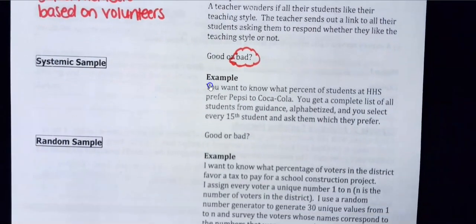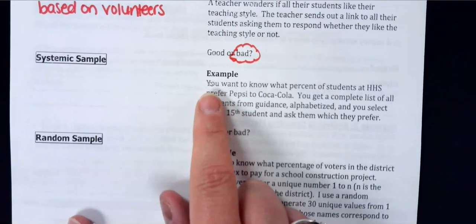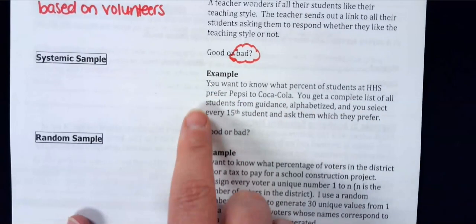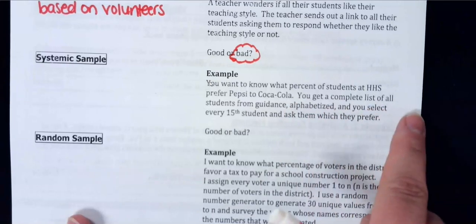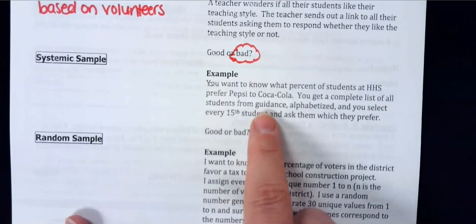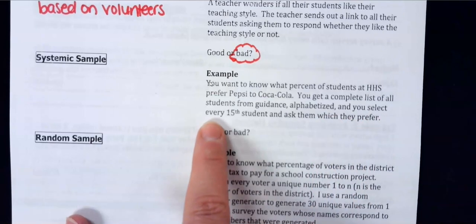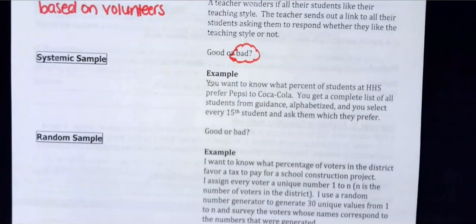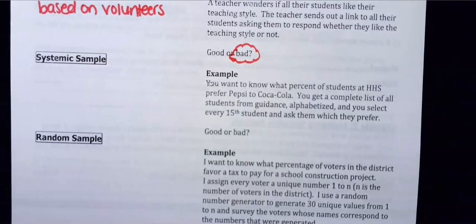Okay, the next one is called systematic. All right, so this says you want to know what percentage of Homestead students like Pepsi or Coke. So you get a complete list of all the students from the guidance department. They're alphabetized, and then you select every 15th student on that list to ask them which type of pop they prefer. Okay, so systematic.